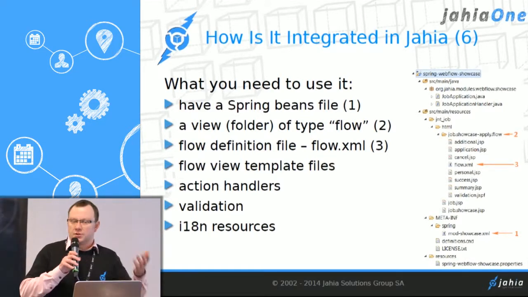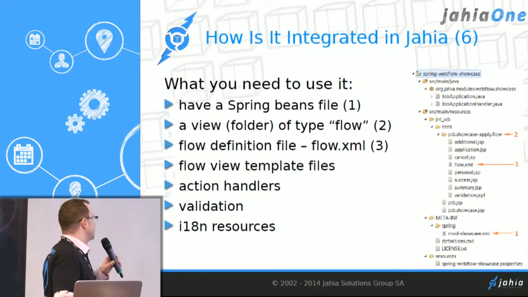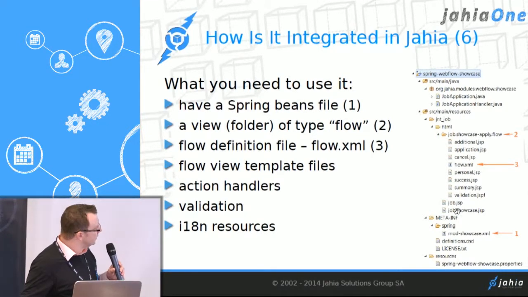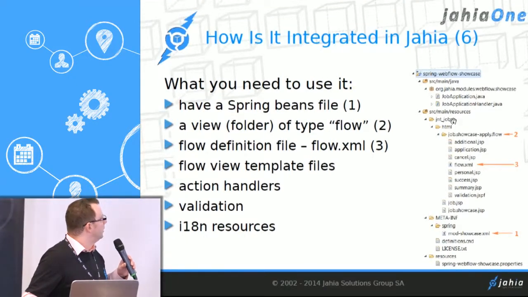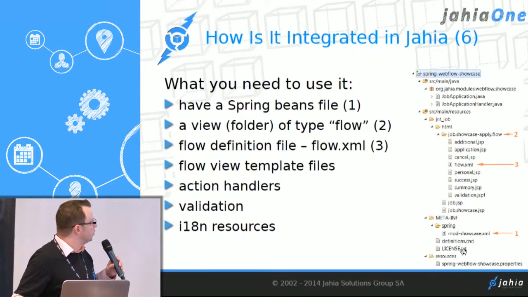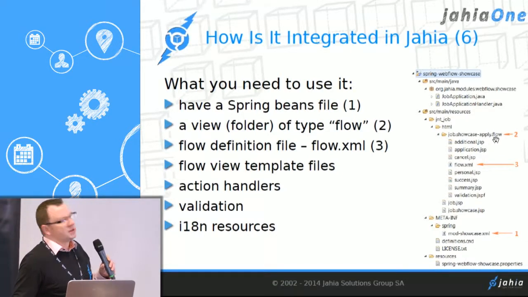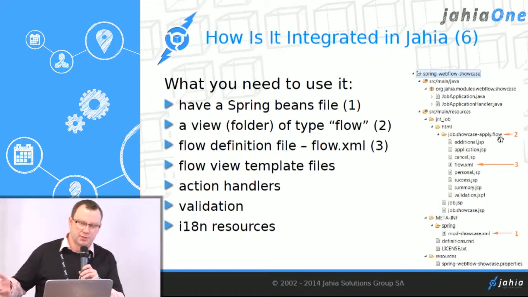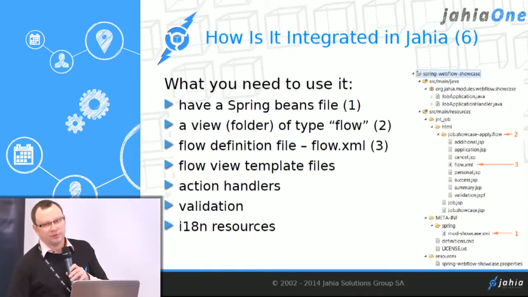What is needed from your side, or from the side of the integrator who is willing to use this kind of flows? The basic view in Jahia is just a GSP, but here we do not have a GSP. A flow-based view is a folder, because it contains multiple resources. It just has an extension: it ends with .flow.